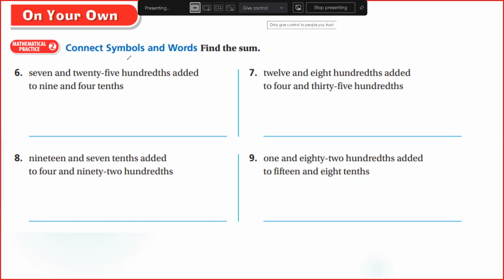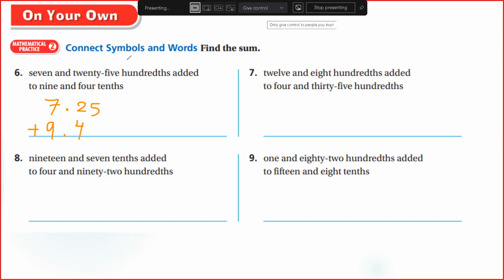Yes, Jilan. Here, 7 and 25 hundredths. How you write it? Bravo. Added to 9.4.